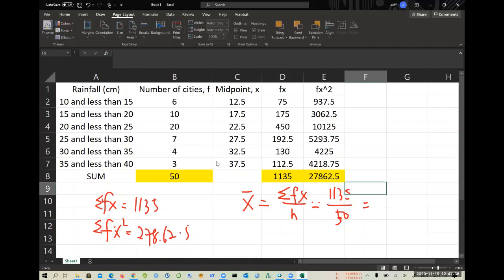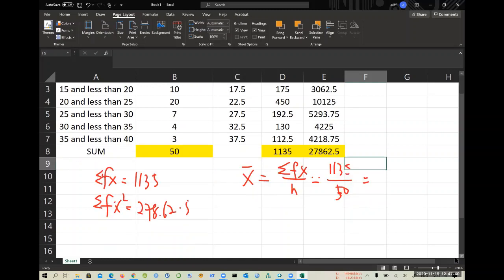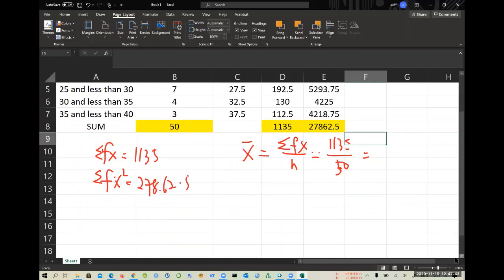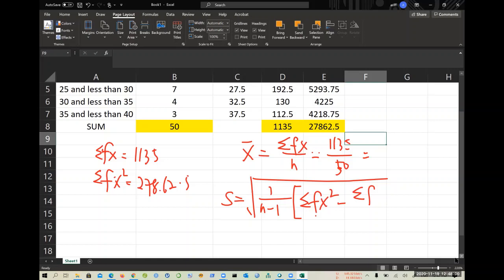And then for the standard deviation, S is going to be the square root of 1 over n minus 1, times summation of fx square minus the summation of fx, the whole thing square divided by n.